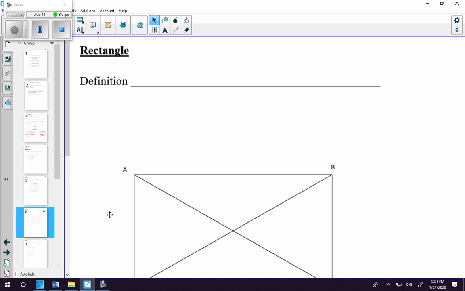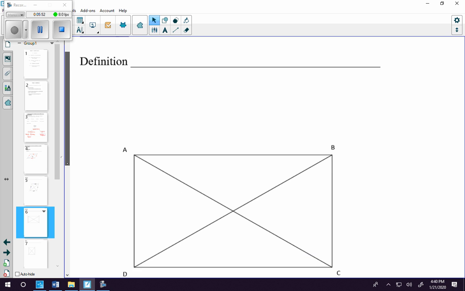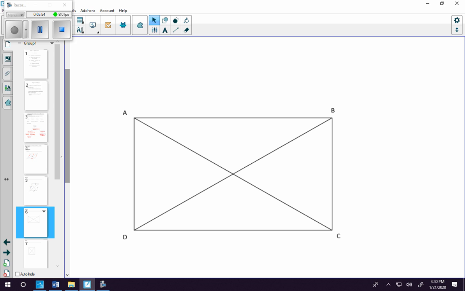Moving on to rectangle. The definition of a rectangle is a parallelogram that has at least one right angle. So the definition of a rectangle is a parallelogram that has at least one right angle.